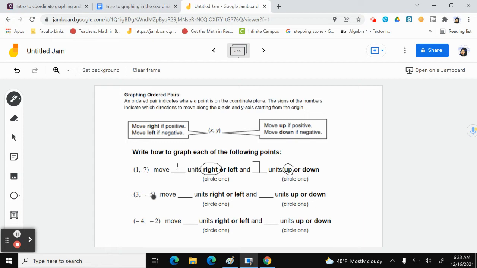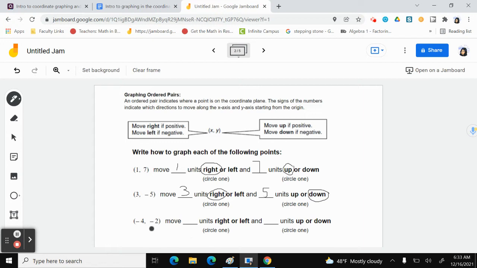If I had the point (3, -5), I would move 3 units right because it's positive, and I would move 5 units down because my y-coordinate is negative.